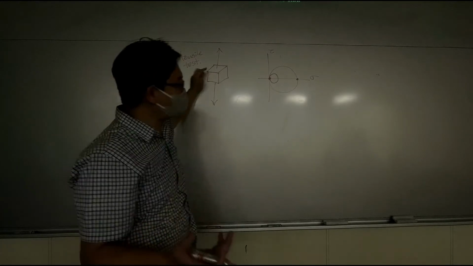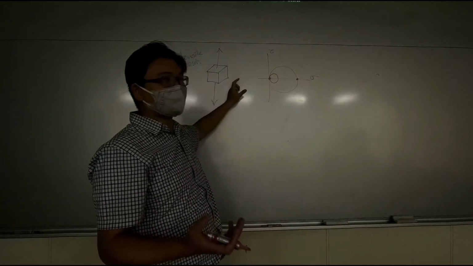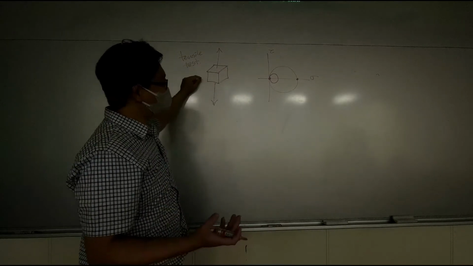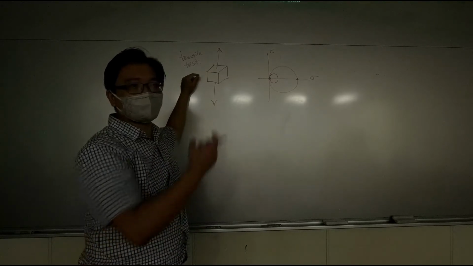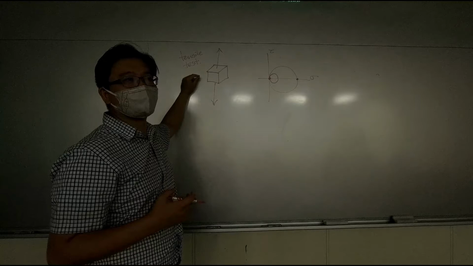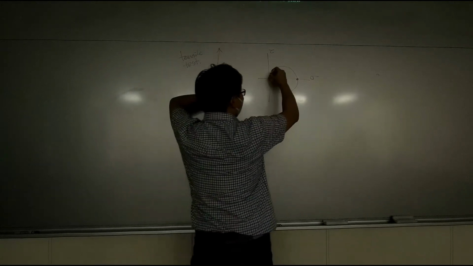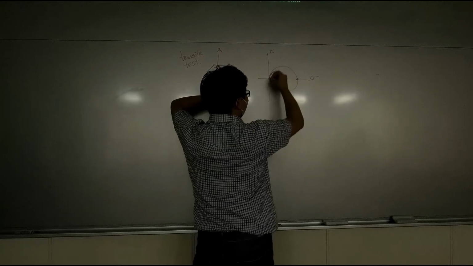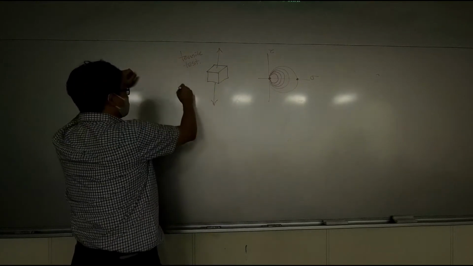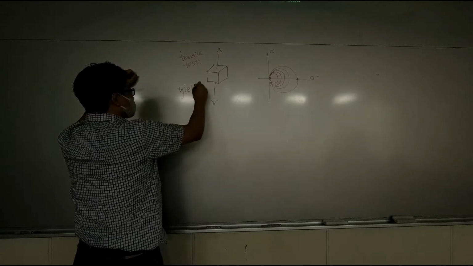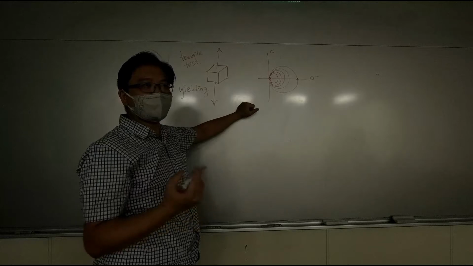So can someone tell me what our Mohr circle looks like when the material begins to yield? Can someone tell me? Yeah, when we increase the load, the Mohr circle increases its size. So when it's reaching the yielding point, what does it look like? Can someone describe to me?